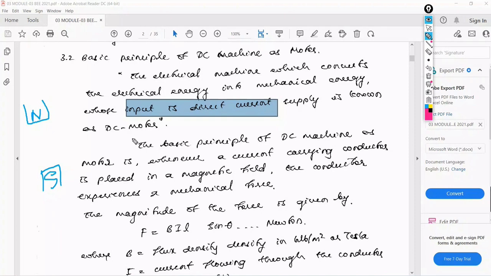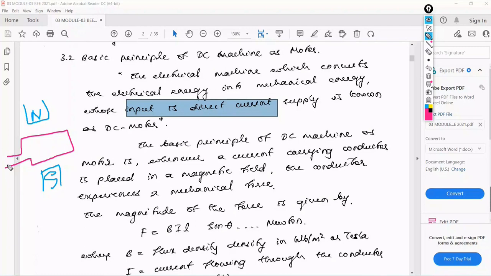Whatever the conductor is, it will be placed between the magnetic poles. If the supply is not given to the windings, then it is called a generator, which in turn supplies power to the connected load.